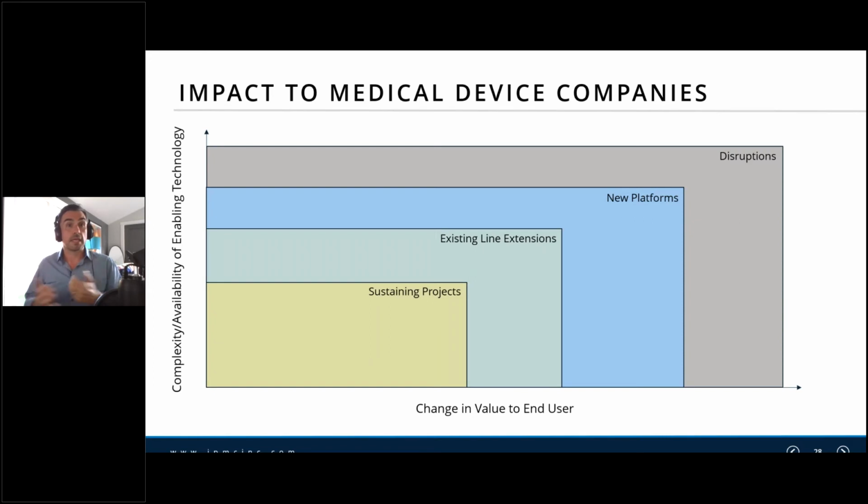So really simply, this is a basic portfolio valuation map, okay? On this side, you have the complexity or availability of enabling technology. Down here, not very complex, readily available enabling technology. Up here, super complicated, not available enabling technology. Down here, you have the change in value to the end user, right? So over here, the end user really doesn't see it change.